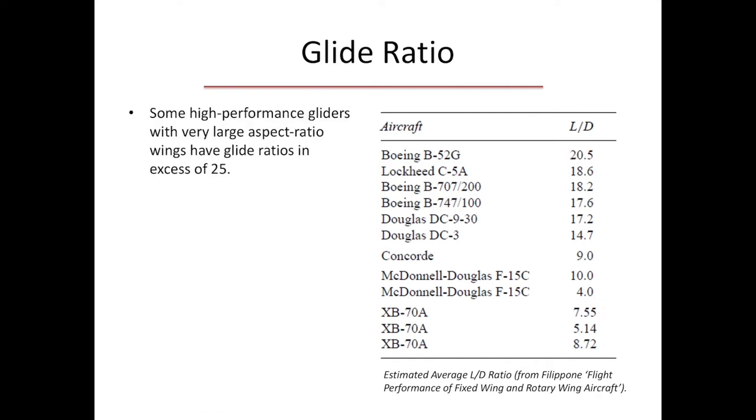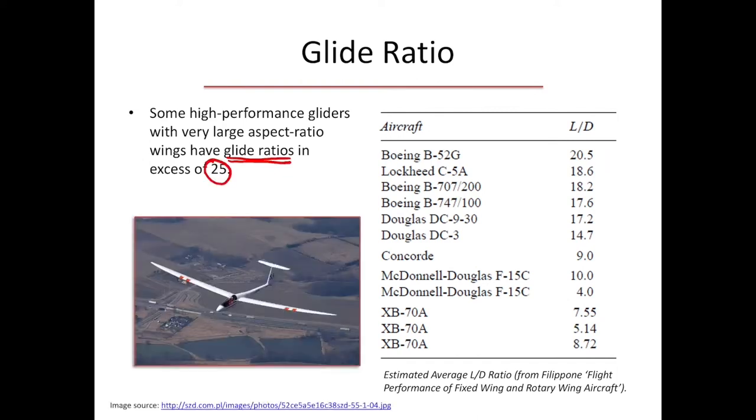Some very high performance gliders can operate with very large aspect ratios, very long and thin wings, and we'll talk about wing design as we move forward, but that leads to a very large glide ratio. That can be in excess of 25 for some gliders, and that essentially means that they have a very long range.